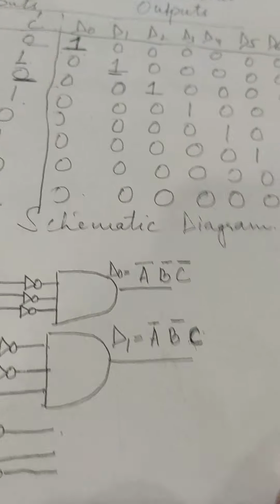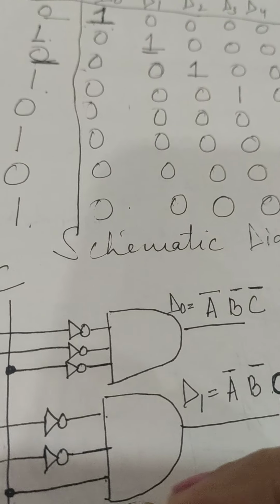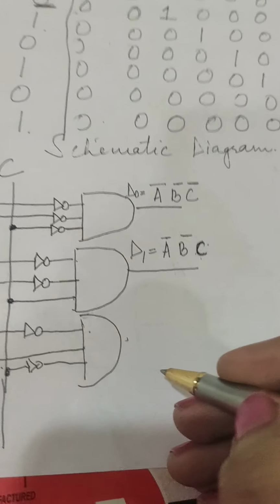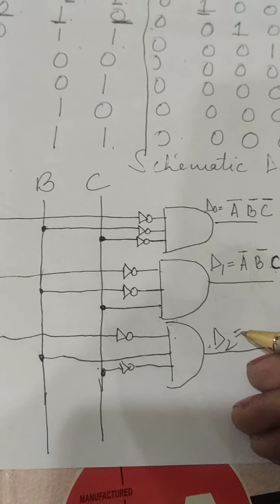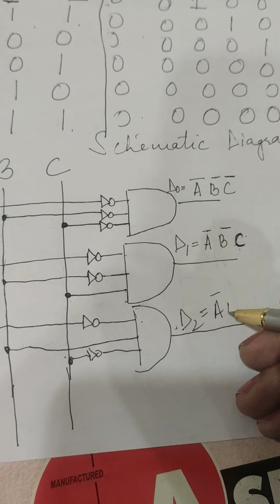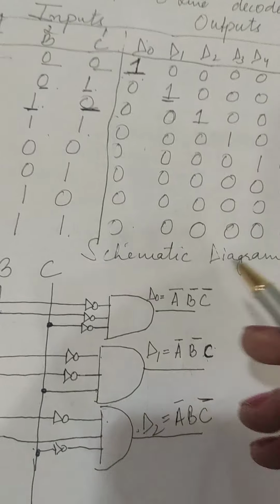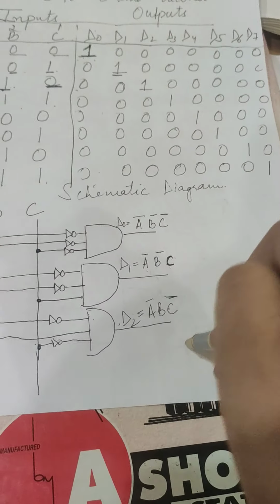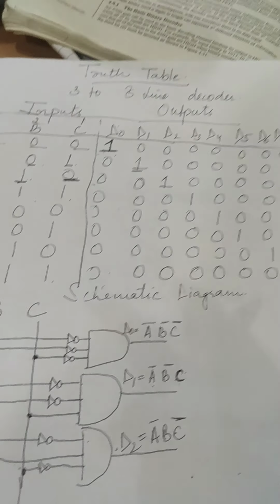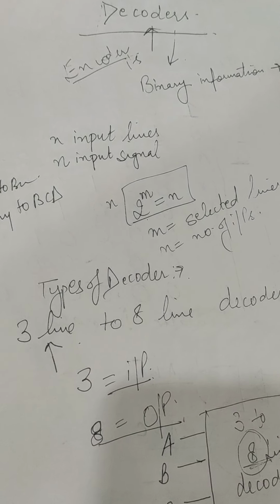For combining these we use an AND gate. Then D2 will become A bar, B, C bar. With this method D0, D1, D2, D3, D4, D5, D6, D7 gates can be made, and your decoder topic is over. Thank you.